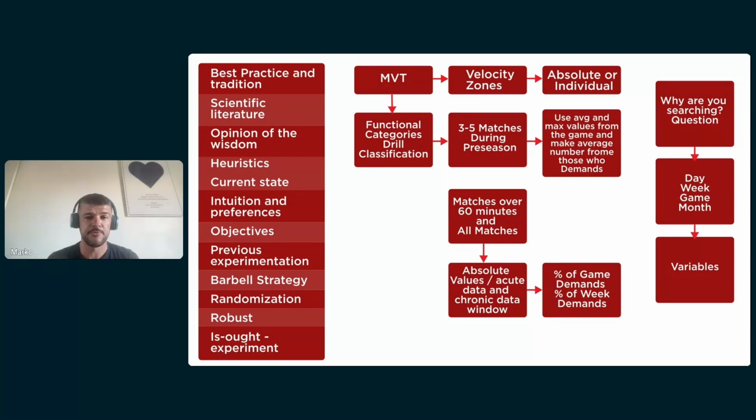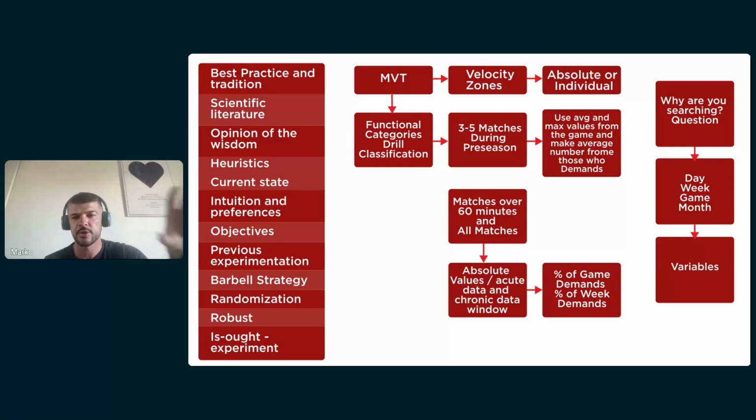Let's say Ivica is playing all the games 90 minutes and his average sprinting values in those games are 300 meters. But Alexander has a different position and his normal sprinting load is 500 meters in games. So I cannot say that 300 meters weekly is good for both Ivica and Alexander.